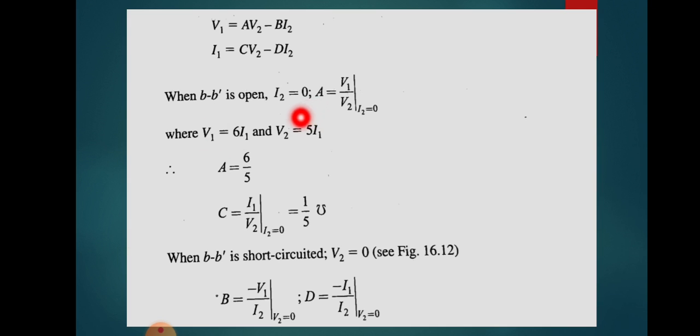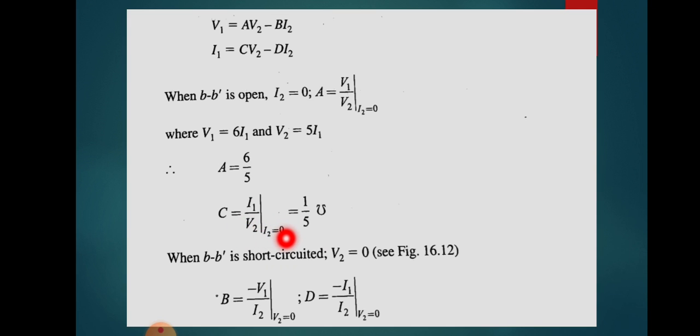V2 is equal to 5 I1. Either you can proceed in this manner or see here, C equal to I1 by V2. Here V2 will have an equation 5 I1. You can simply substitute this V2 value here, V2 equal to 5 I1. So I1 by 5 I1 will give you 1 by 5. So C will be that value, okay.